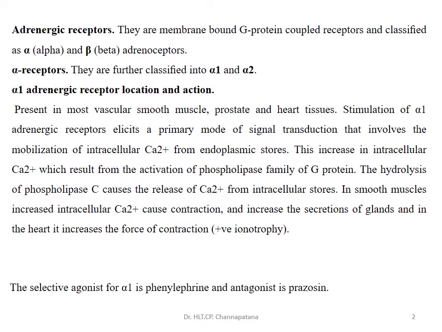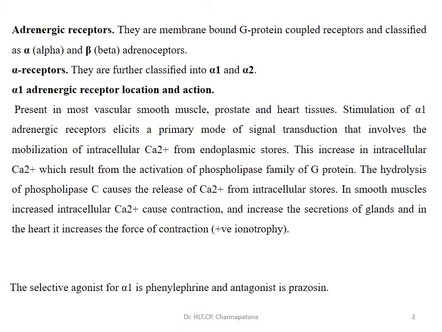Now the concentration of calcium in the intracellular fluid will increase. Due to this increase, phospholipase C, through the G protein, will be activated and brings about hydrolysis, causing the release of calcium into the intracellular fluid.